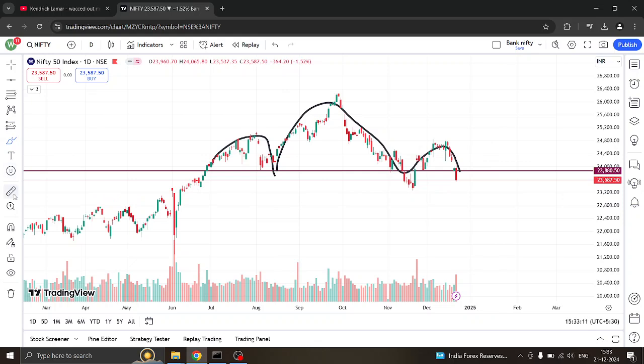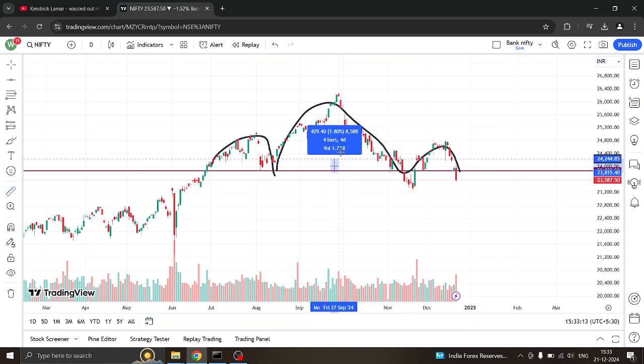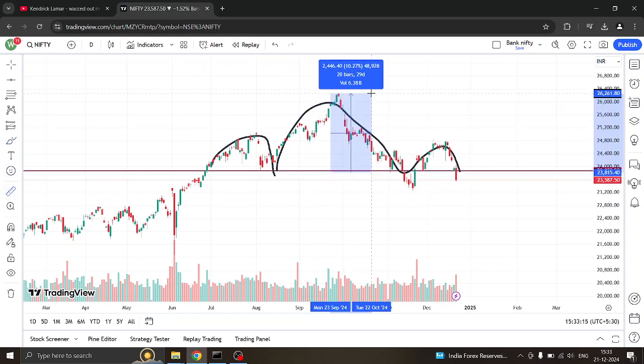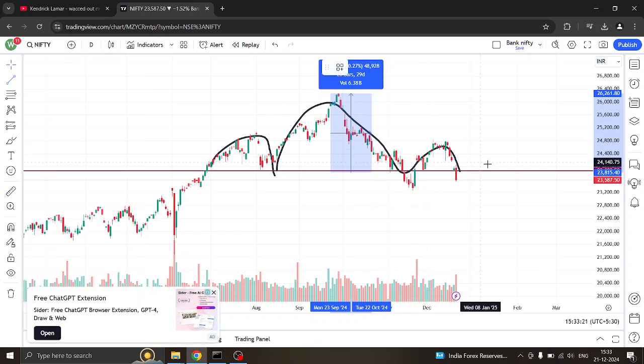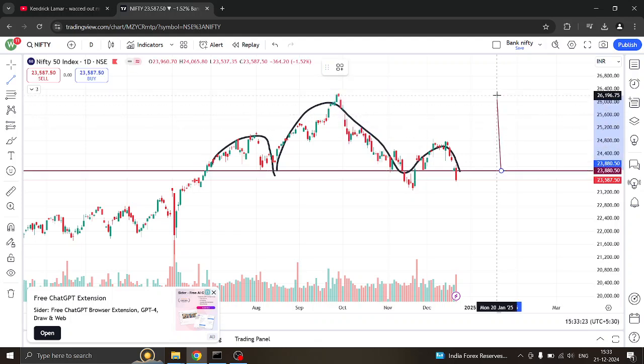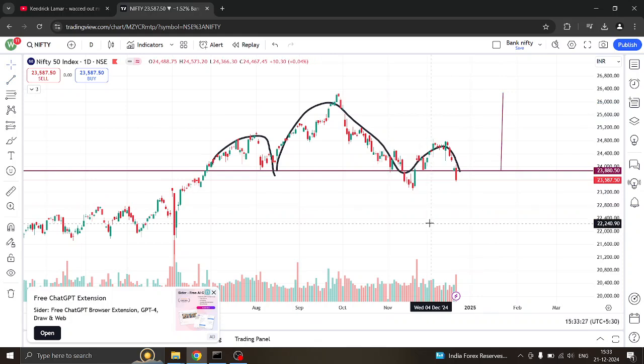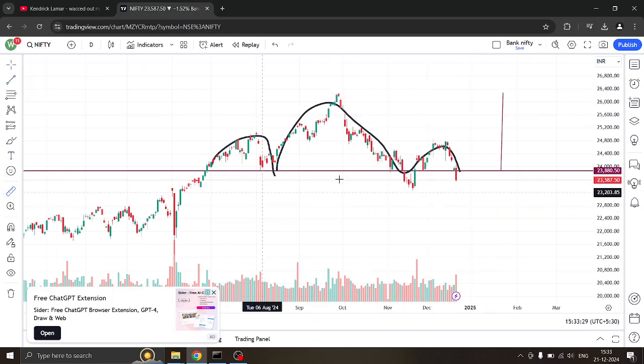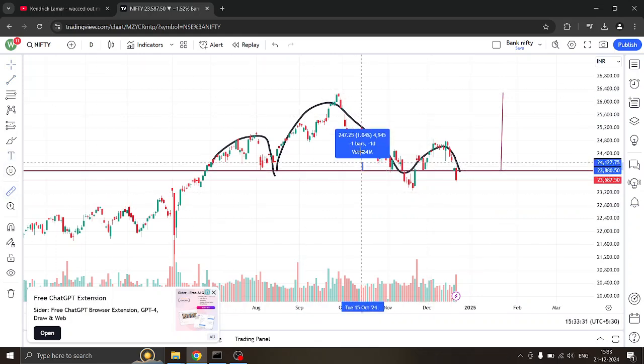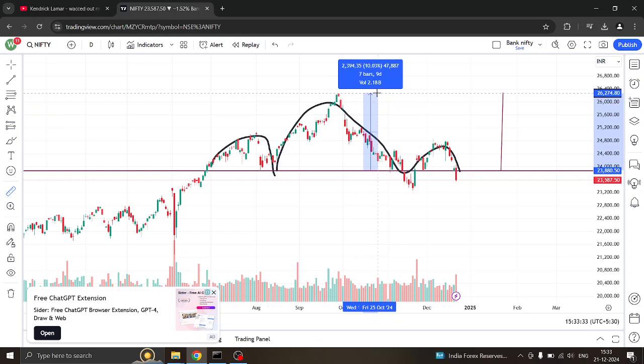because the difference between the neckline and the top of the head is around 2446 points. Let me draw a line again here. Okay, as you can see, we have a difference of 2420 points here.